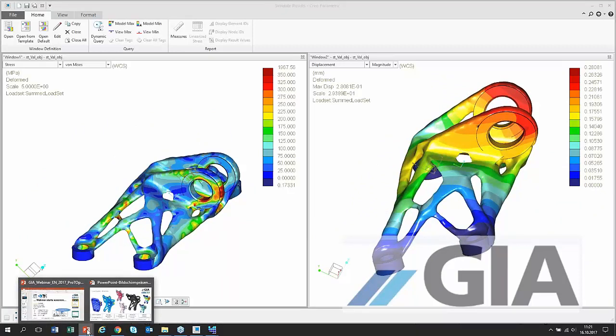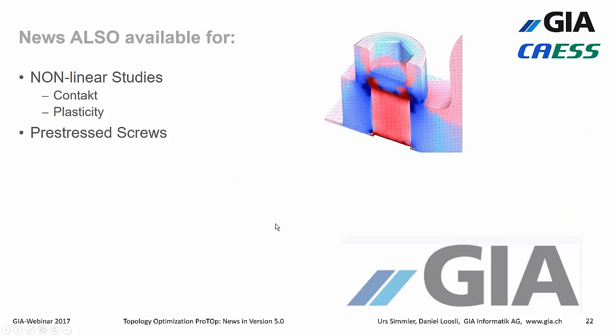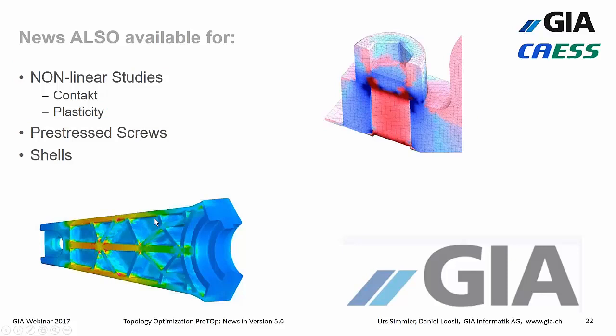Okay, that brings me, let's say, to the end of the live demonstrations. Just keep in mind with ProTOp, also with the new ProTOp, you can also perform nonlinear topology optimization, maybe with the help of contact and plasticity. So here we have a contact under these pre-stress screws.